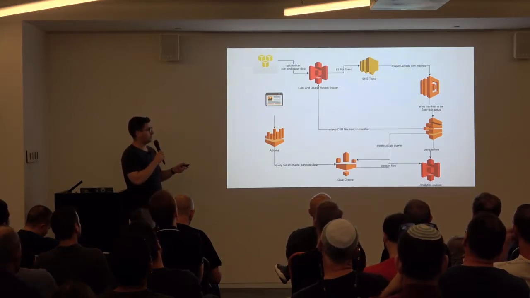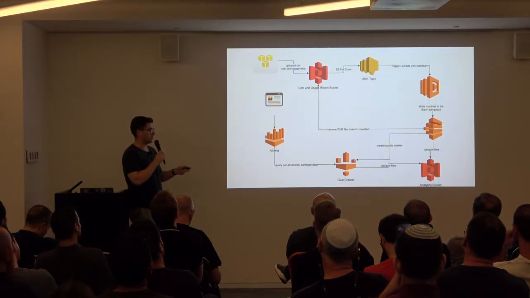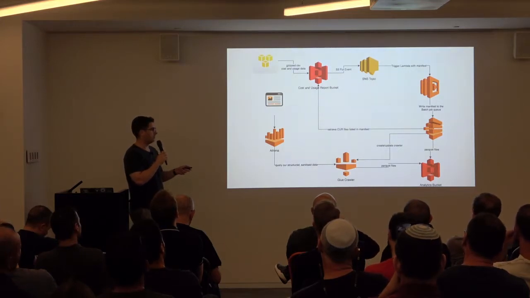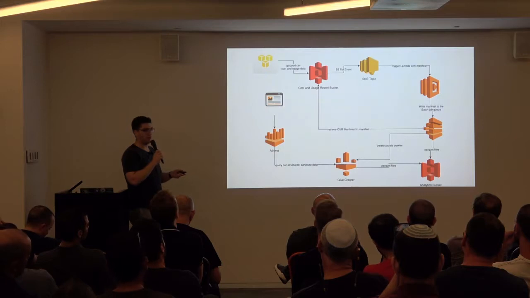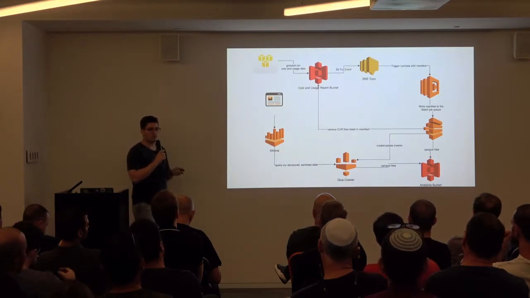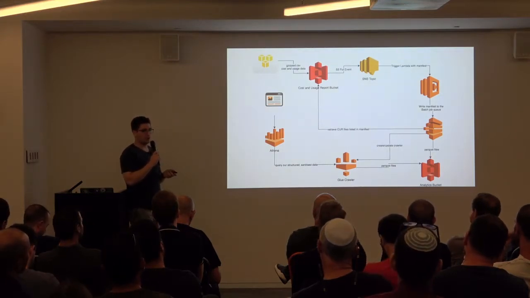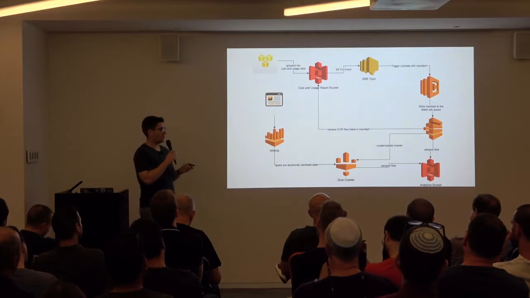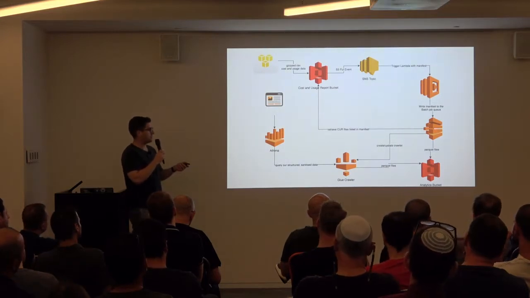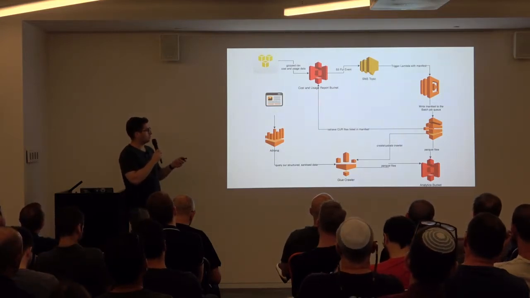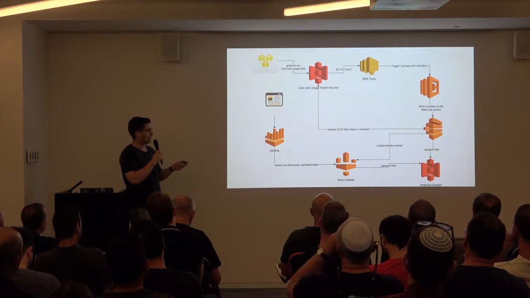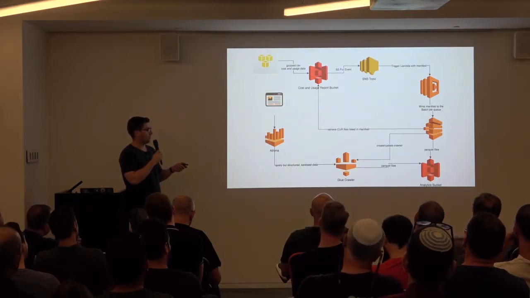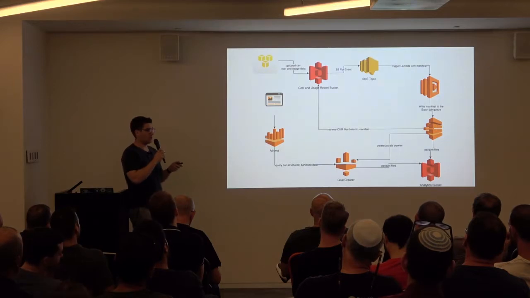That Lambda function only has a responsibility of creating an AWS Batch job. AWS Batch will create instances, spot instances, that will run Docker containers. There's a Docker container image maintained by Atlassian to actually do the extract and the transformation. And this AWS Batch job then pulls the data out of all of the cost and usage report data listed in the manifest, so anything that's changed.